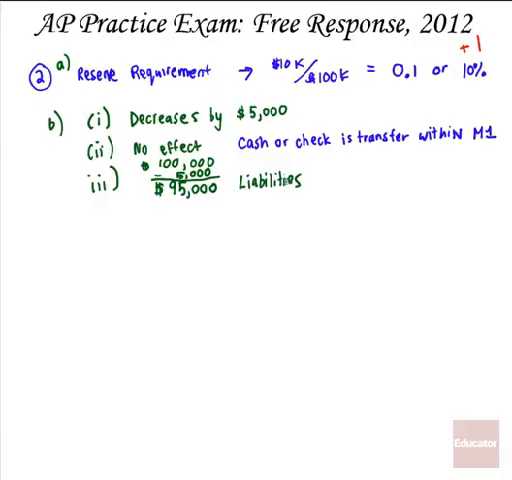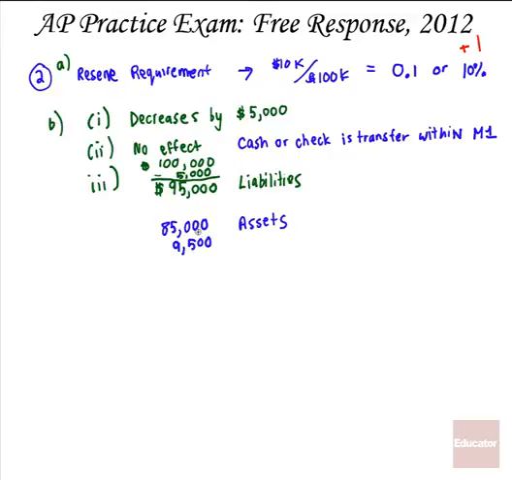Now, in terms of the assets, that's going to be a little bit different. The amount of loans is going to be $85,000. The required reserves are no longer $10,000; the required reserves are going to be $9,500.